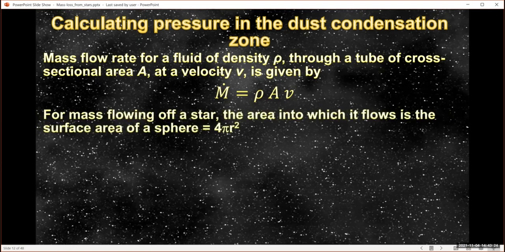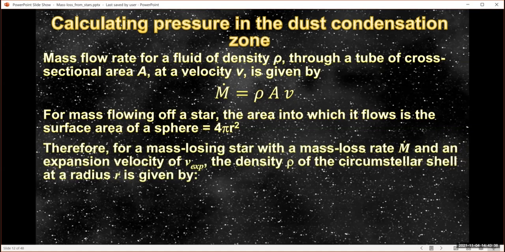Now, if we apply this to the mass flowing off our star, we have a mass loss rate that is given by the density and the area into which it's flowing and how fast it's flowing. And in that case, what we have is a mass loss rate, m dot, and an expansion velocity of our material flowing out into space. We have a density at a certain distance from the star r, and we have a radius over which it's spread. So we have a surface area.